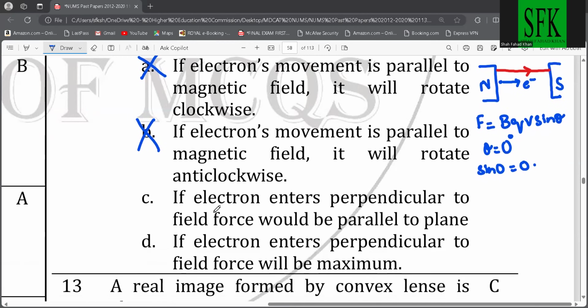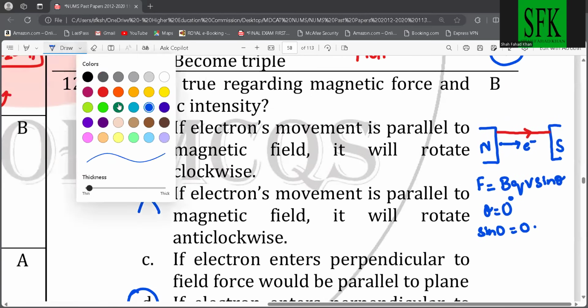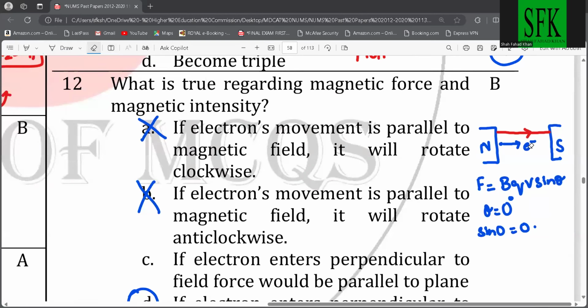If the electrons enter perpendicular, the force will be maximum. Yeah, that is true. The force becomes maximum when the angle between the movement of electron and the field becomes 90 degrees. Okay, so let's just draw that out as well over here.